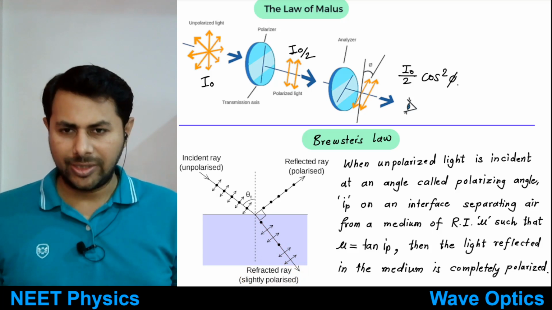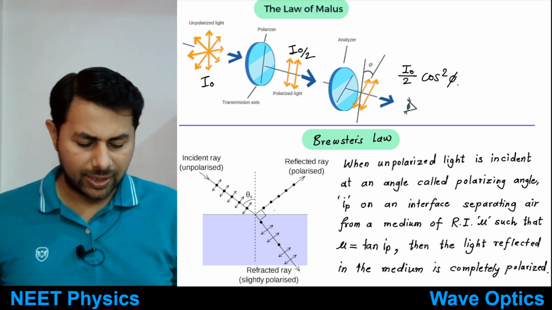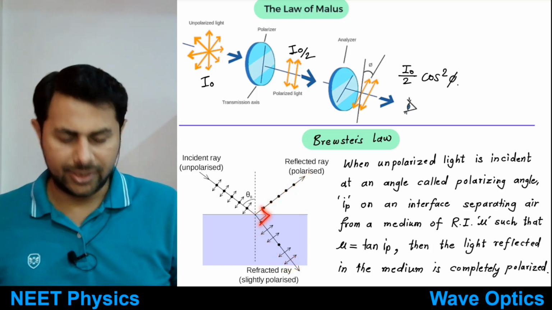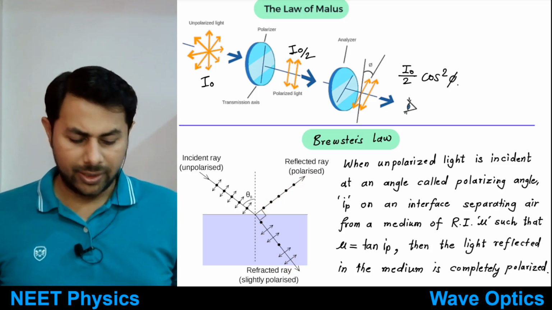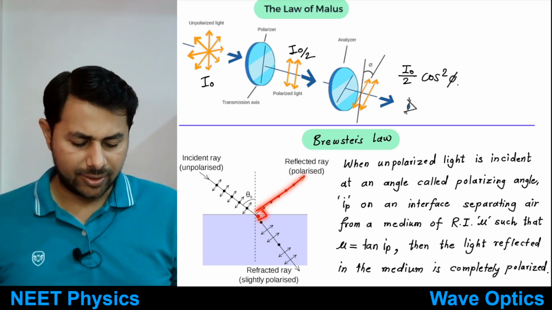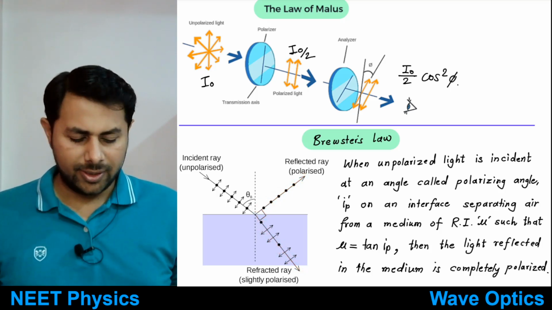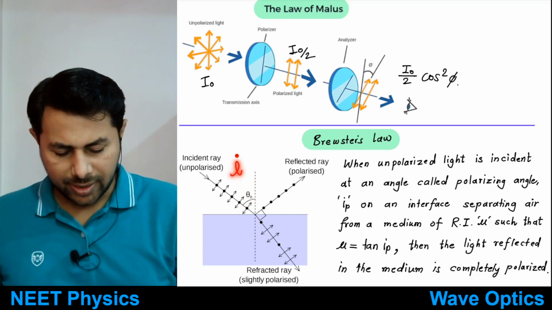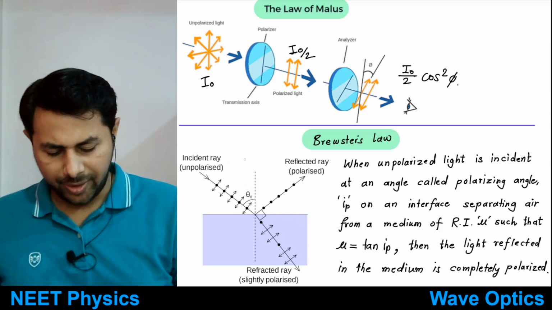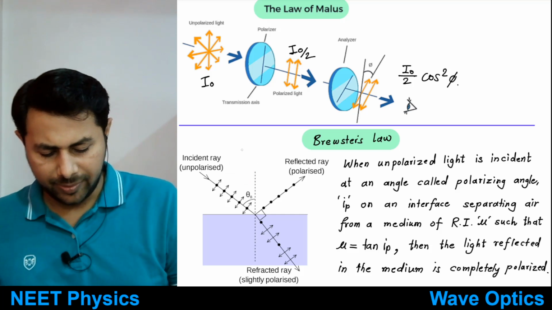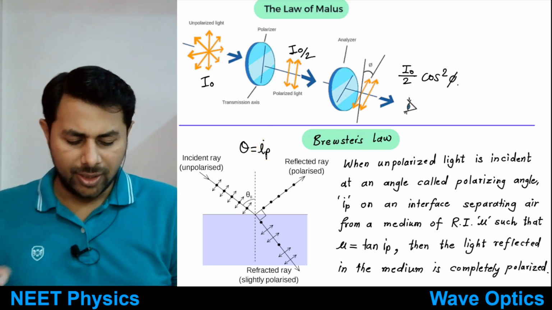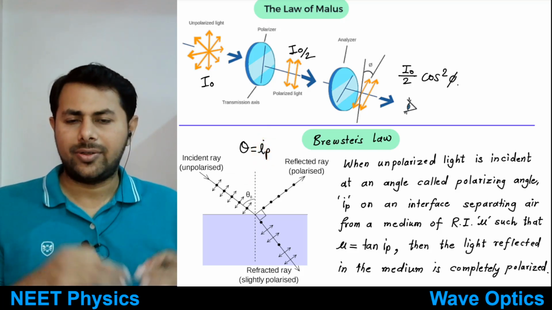What are the observations when this happens? The reflected ray and the refracted ray go at 90 degrees to each other. This angle theta is the angle of incidence for polarization, IP; it is the angle of incidence for the reflected light to be polarized.